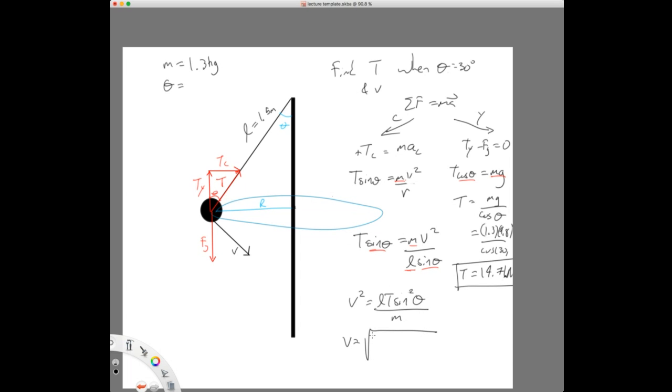So V will be the square root of 1.5 times 14.71 times sine squared of 30 degrees over 1.3, and it's going to be 2.06 meters per second.